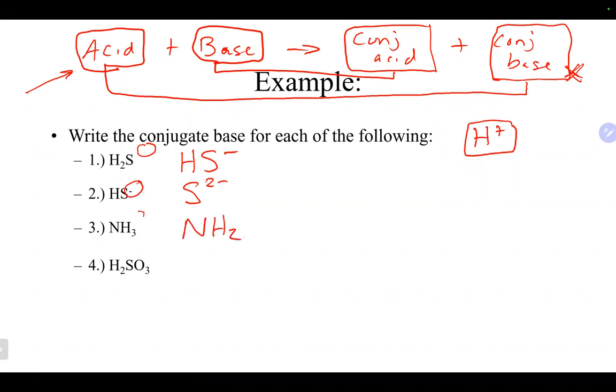And once again, here it is neutral, so it becomes one more negative in this case. And lastly here, H2SO3, taking off one hydrogen, leaves us an H, an S, an O, and a 3. And once again, we have no charge, so becoming one more negative brings us to HSO3 minus.